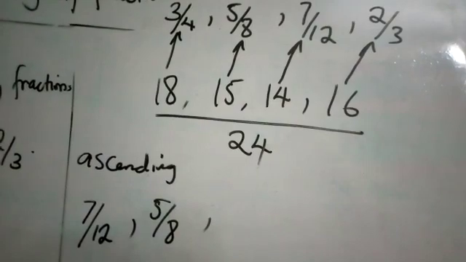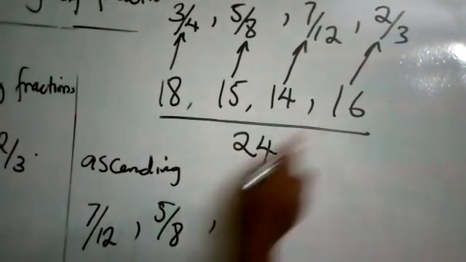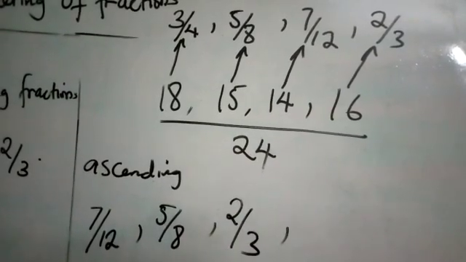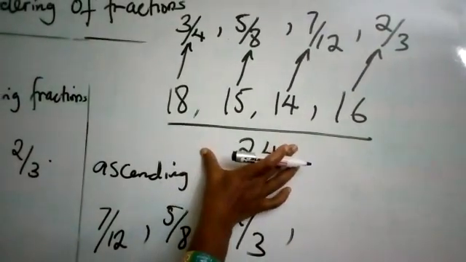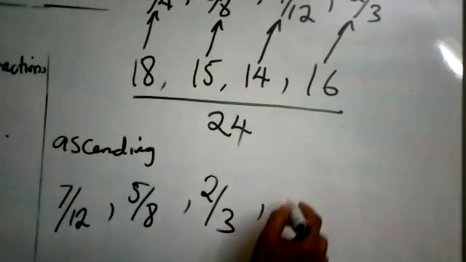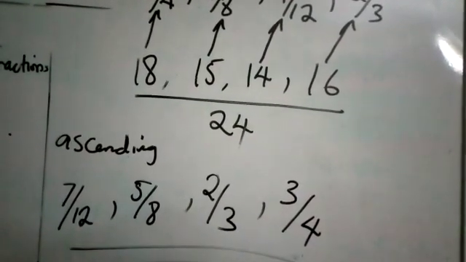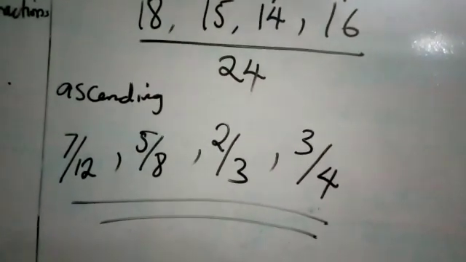And then the next one is going to be 16/24, so we have 2/3. Now you pick the original fractions, not the ones you used in comparing. Don't forget that. So 2/3, and the last one, which is the biggest, is 3/4.